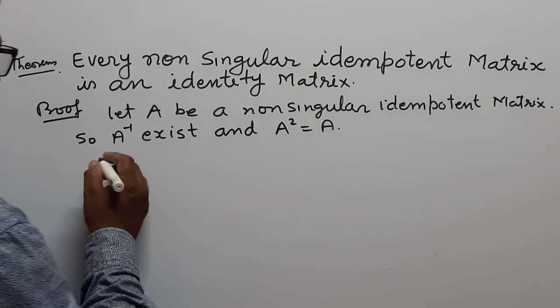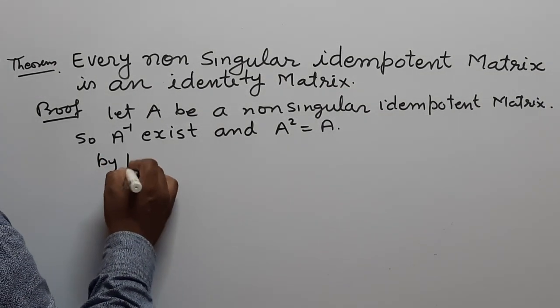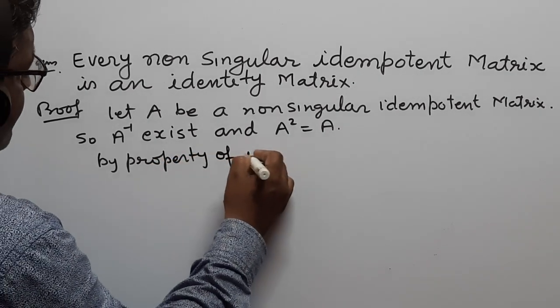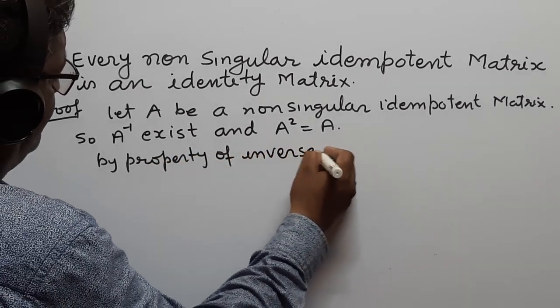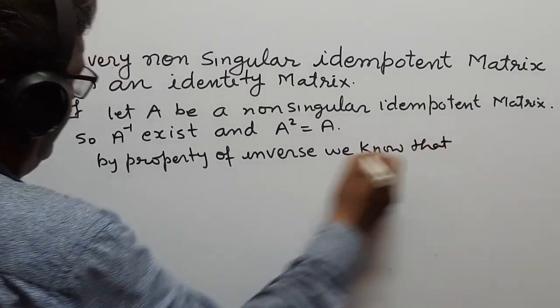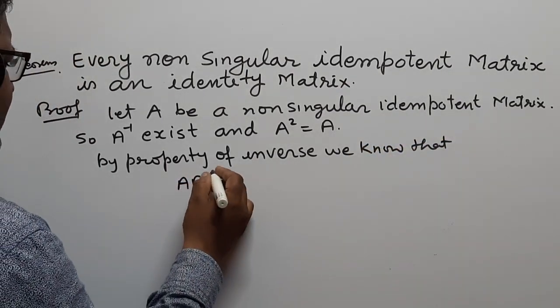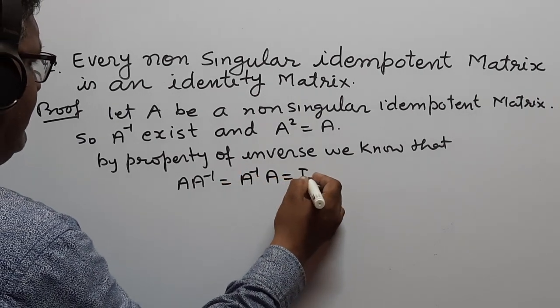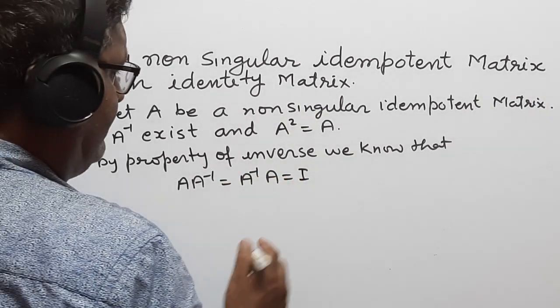So by property of inverse, we know that A multiplied by A inverse or A inverse multiplied by A is equal to the identity matrix.